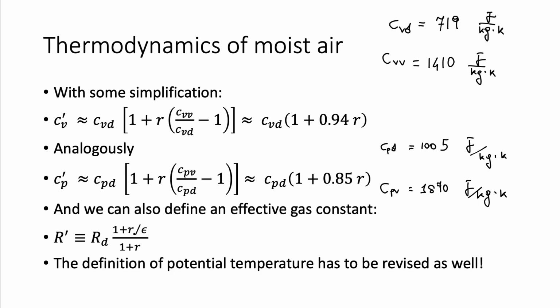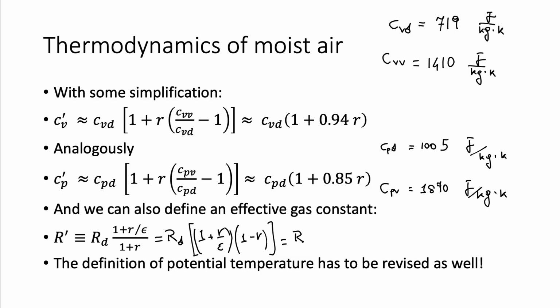The effective gas constant is RD times 1 plus R over epsilon, over 1 plus R. Epsilon, I remind you, is RD over RV, and it's about 0.6. You could also write this as 1 plus R over epsilon times 1 minus R. Now you know the trick, right?